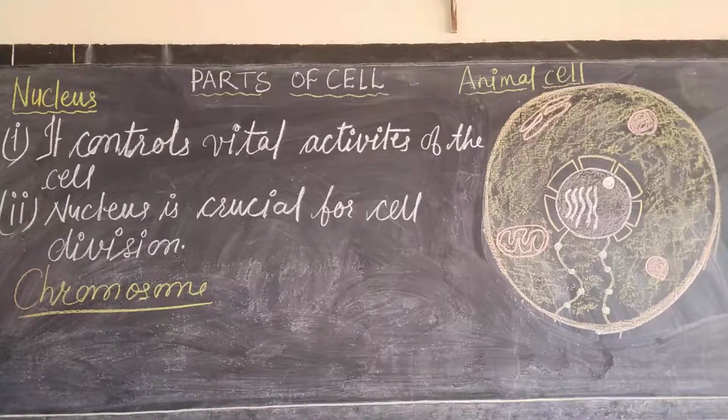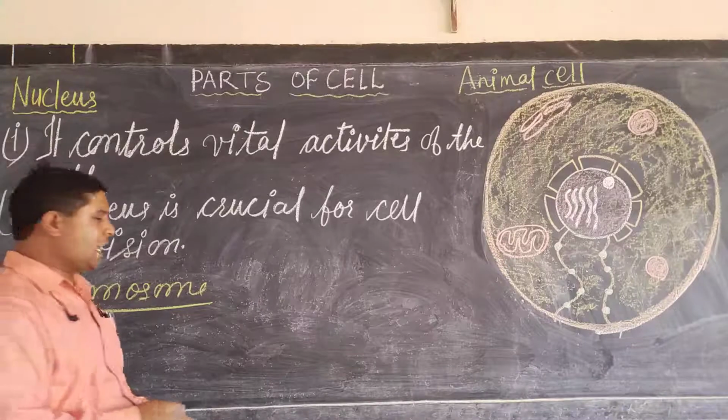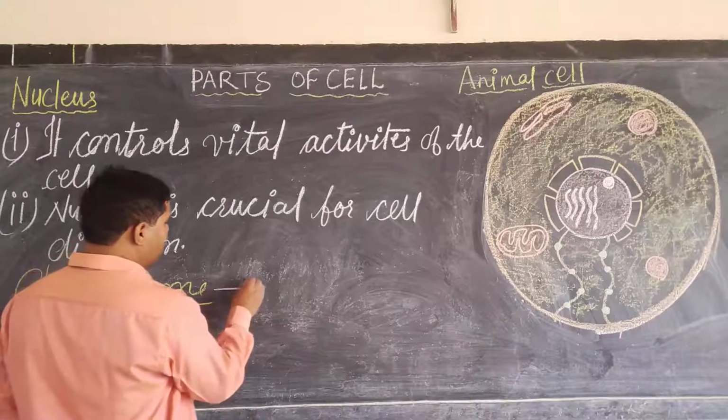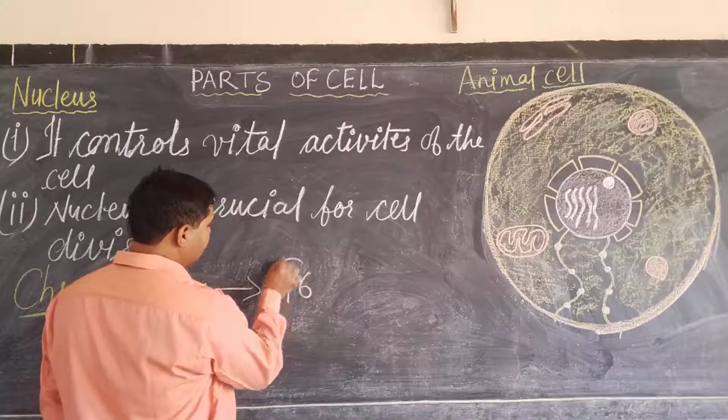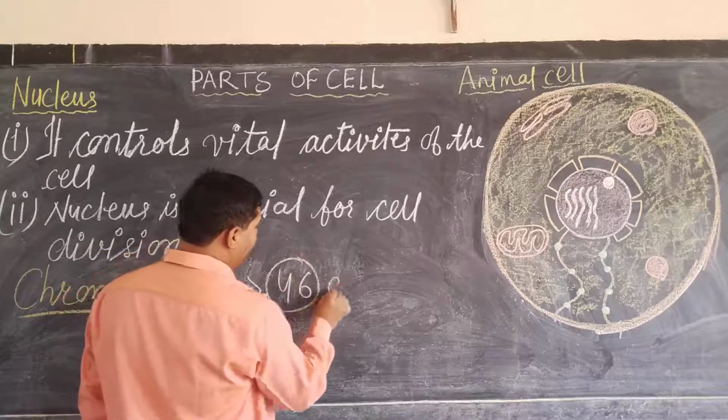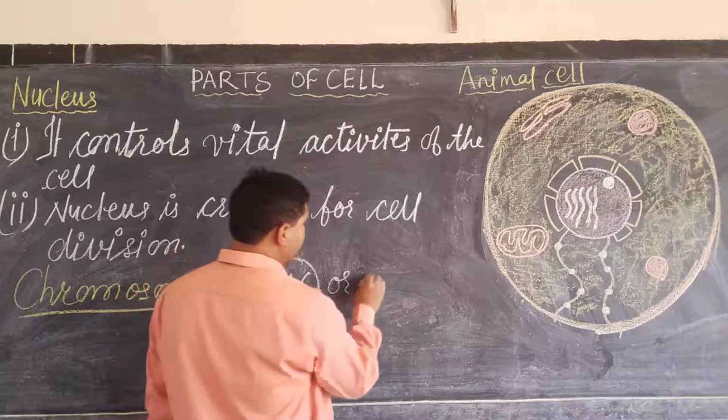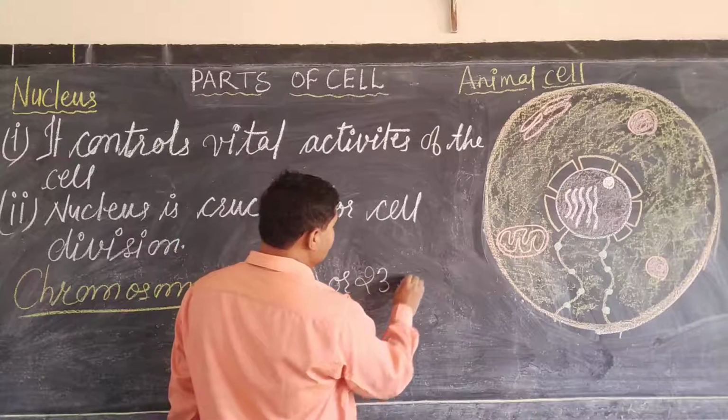The number of chromosomes in each cell of the human being is 46, or 23 pairs.